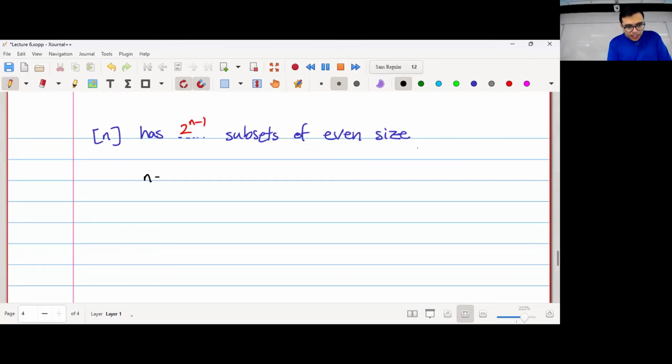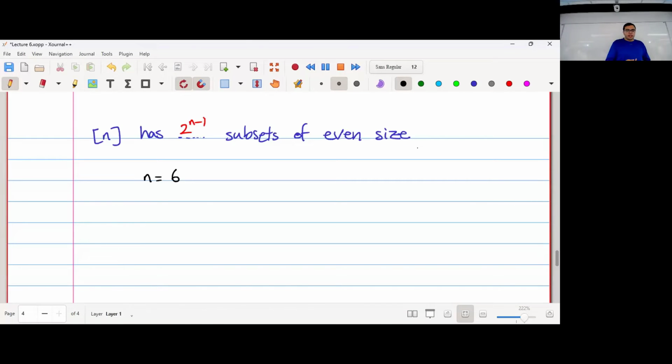Okay, great. So let's just do a very simple example. Let's say that my n is 6. If my n is 6, then I want to find all the sequences of zeros and ones of length 6 that have either no ones or 2 ones or 4 ones or 6 ones, right? So I can use the addition principle.